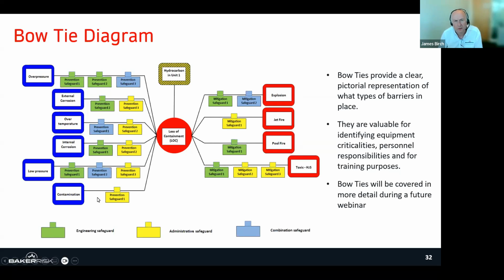But on the other side, on the mitigative, I'm looking at, in the middle, the jet fire and pool fire scenarios, where again, I only have one barrier. The green barrier is an engineered safeguard. So if I design it properly and I inspect it, it should be strong. It may weaken, but I monitor it. But the other one, again, is just administrative.